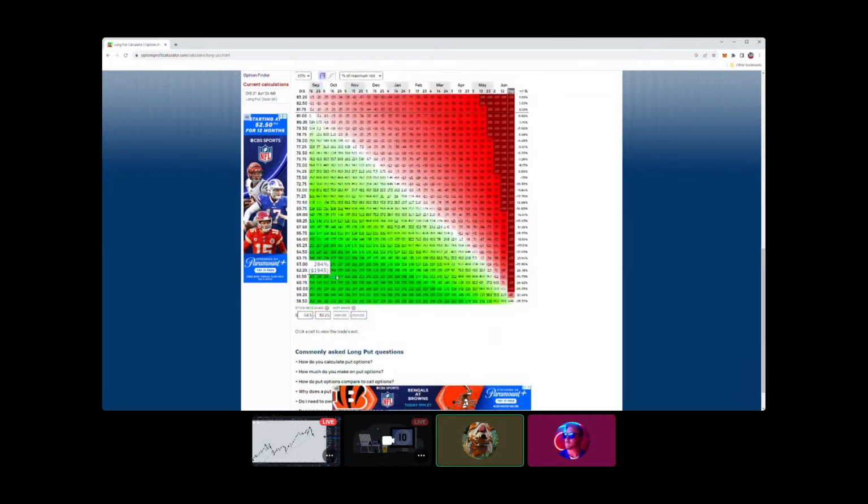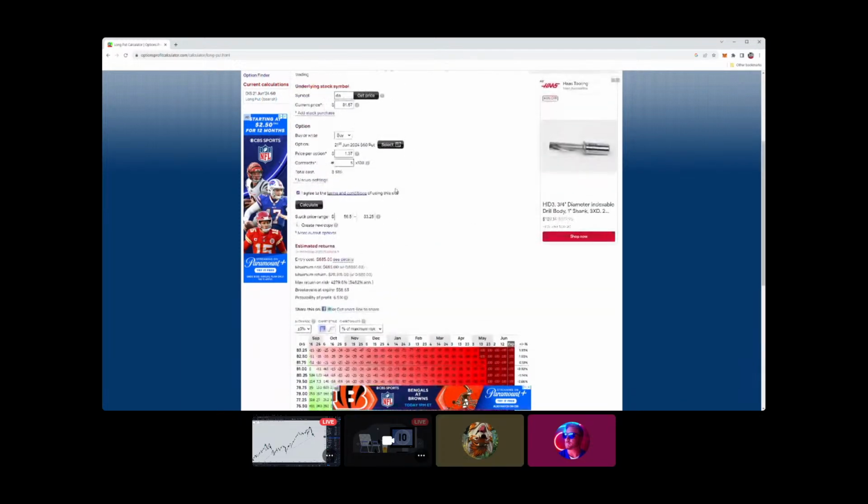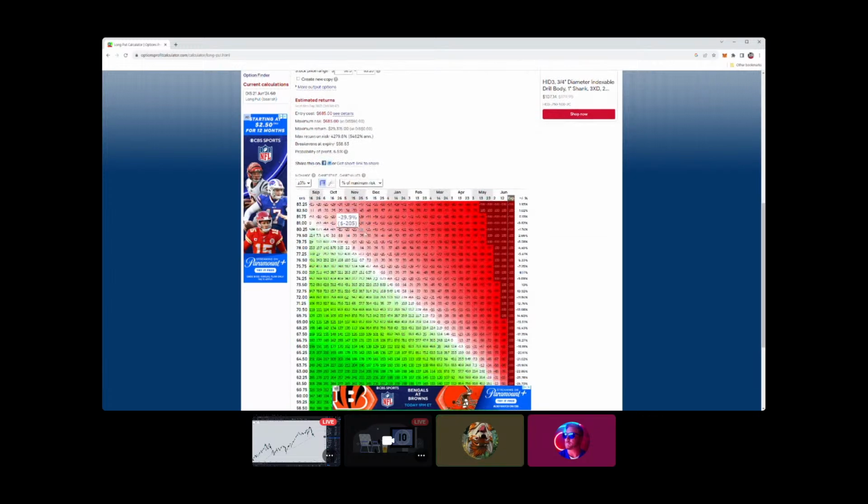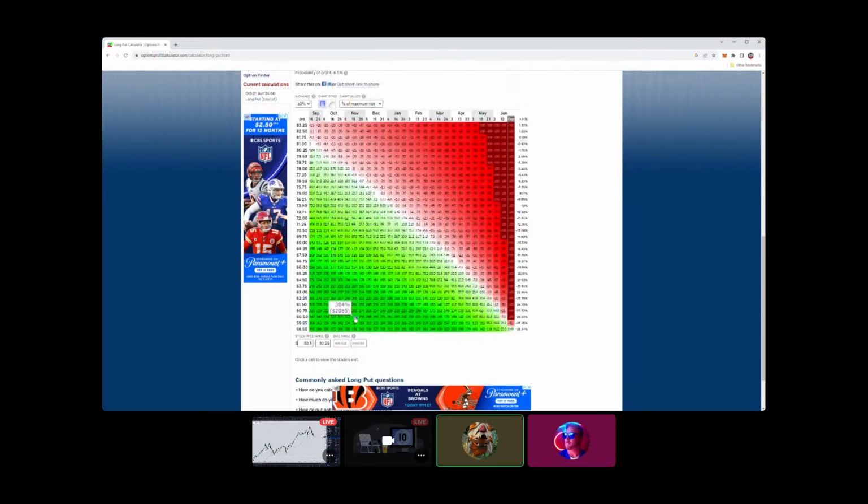It shows you kind of how your profit is. If we bought a $60 put, and we hit $60 by, I don't know, we'll just say March, you'd make $1,200.